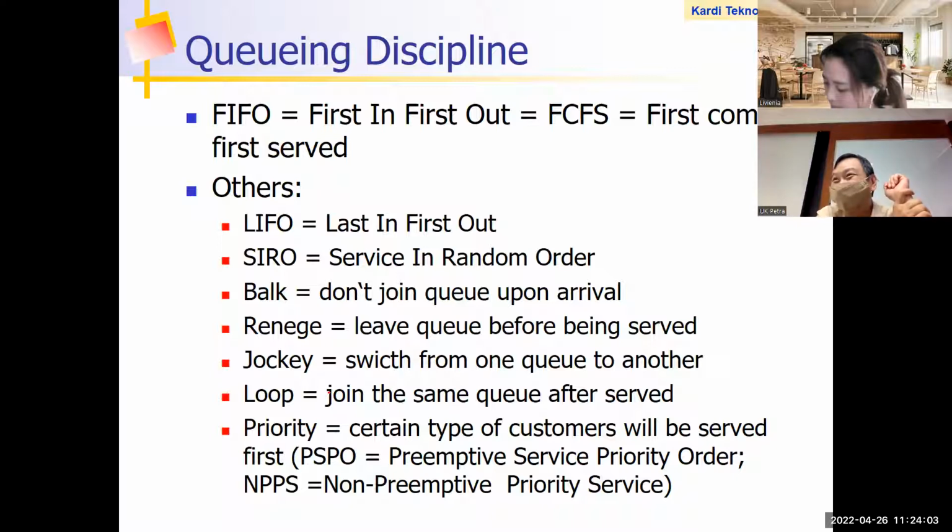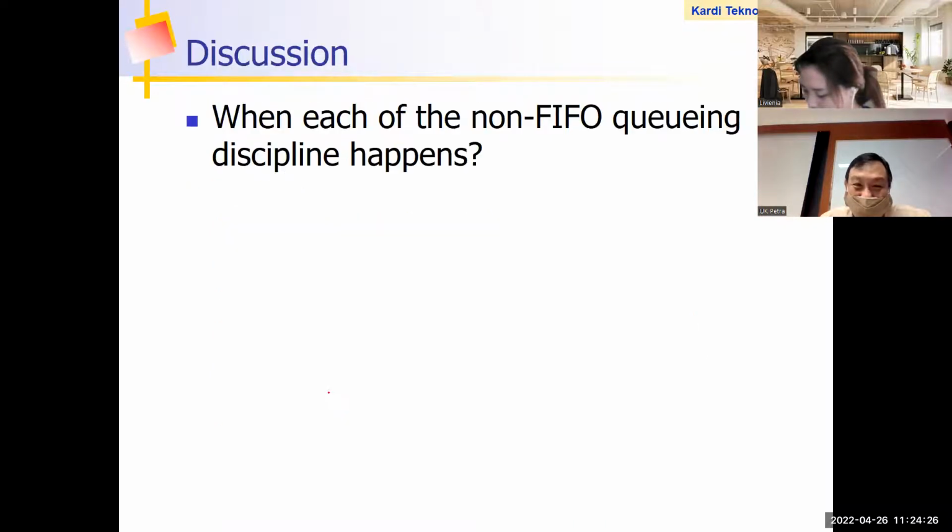There are too many things happening, so queuing theory is only a small part. Otherwise you assume, or you will do a simulation.